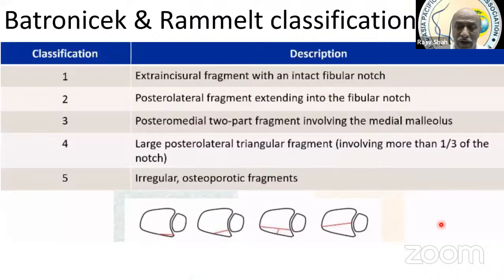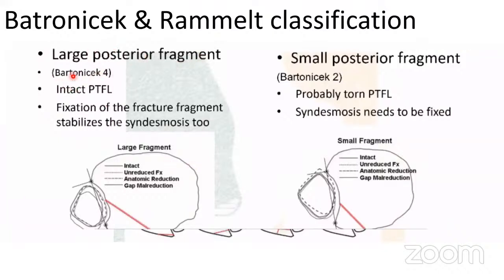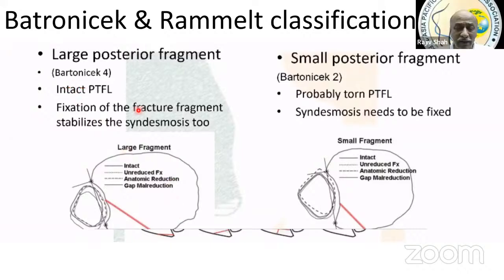But the most important part, which Bartonicek and Rammelt said, is that a large posterior fragment means type 4, with intact PITFL, and fixation of the fracture fragment would stabilize the syndesmosis. So this is the case where you may not need a syndesmotic fixation. But a small posterior fragment, probably with a torn PITFL, and syndesmotic reduction would be required for such cases.